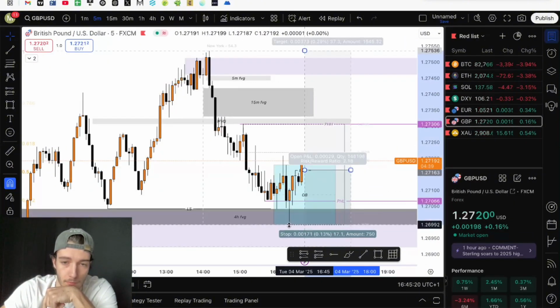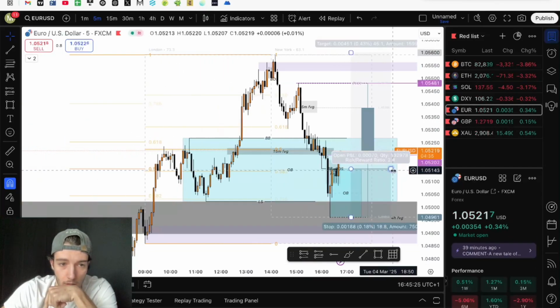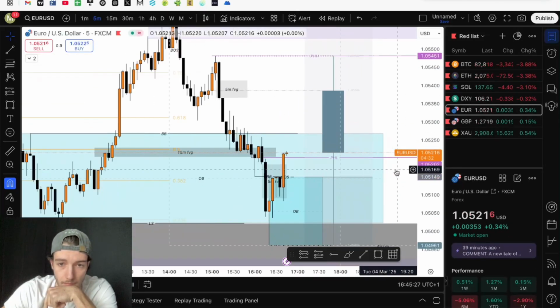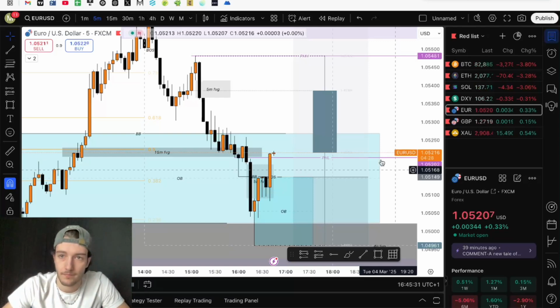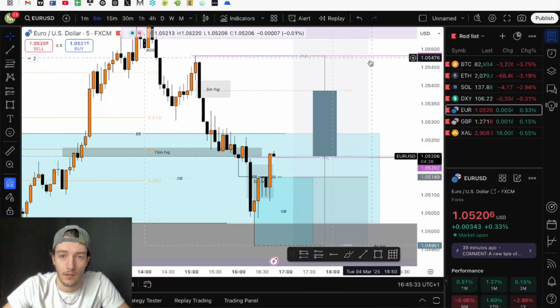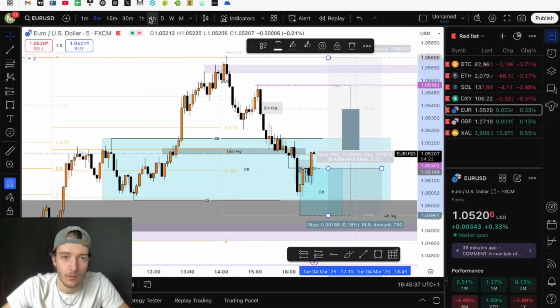Or if I would want to put my stop loss under here, it's only 1 to 2 here. I think I'm gonna long euro. So let's see. Okay, let's see how this will play out.